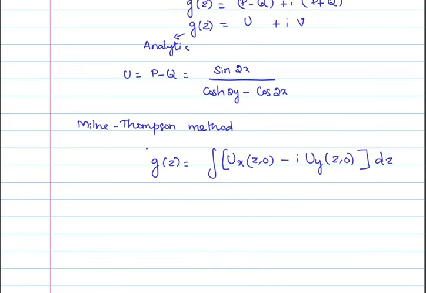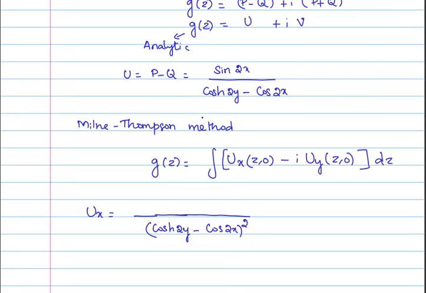So first I want to take the derivatives with respect to x and with respect to y. So u_x: I take the partial derivative with respect to x, using the u divided by v formula. The denominator is (cosh 2y minus cos 2x) the whole square.